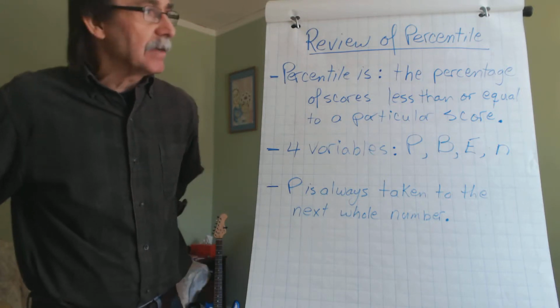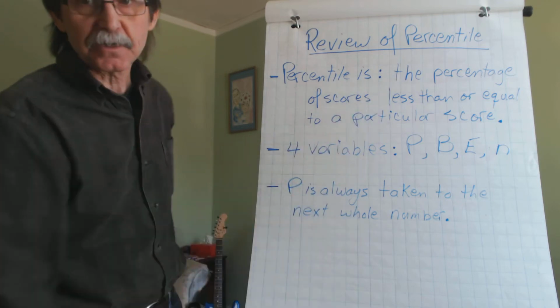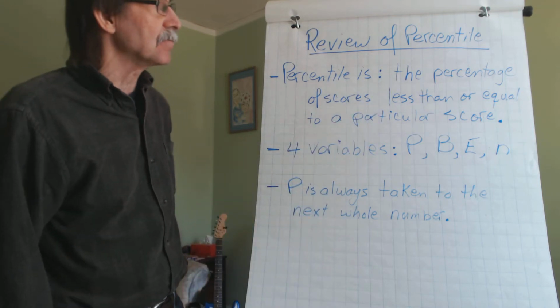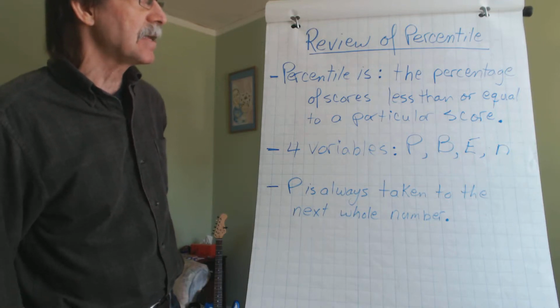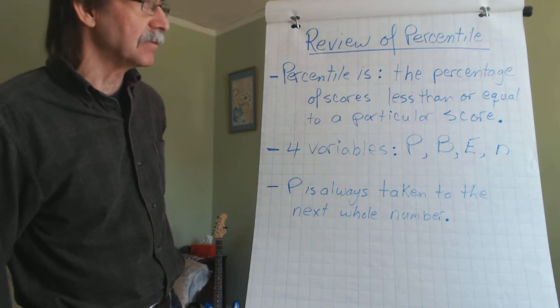So percentile is a ranking, and the definition, as you saw in your notes, is the percentage of scores less than or equal to a particular score.